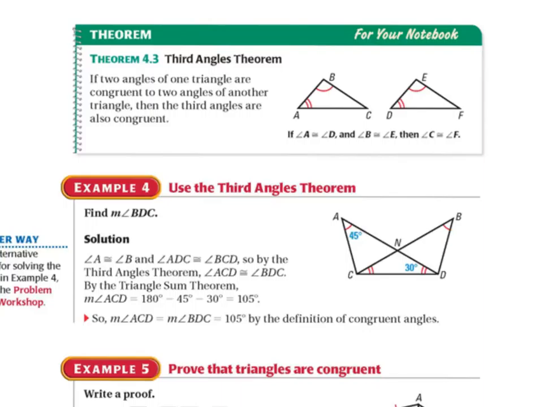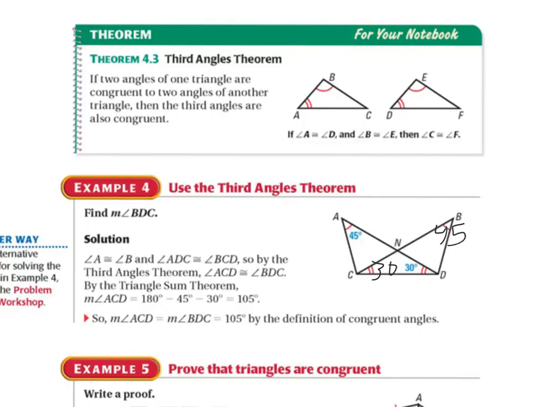Okay, so let me switch to my pen tool. So we can also say that that's 45. We have the 30 degrees down here for angle D with the two lines. And we have the 30 degrees also down here for angle C. And we were trying to find angle BDC.